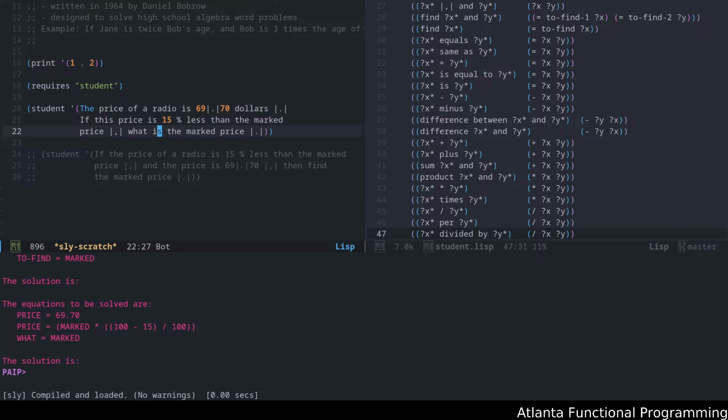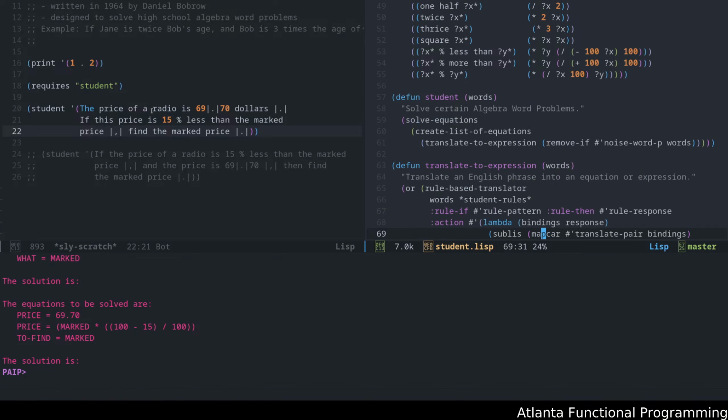Okay, so it just switched it up, but it's not working. Okay, so we're going to have to write a routine that needs to solve this system of linear equations.